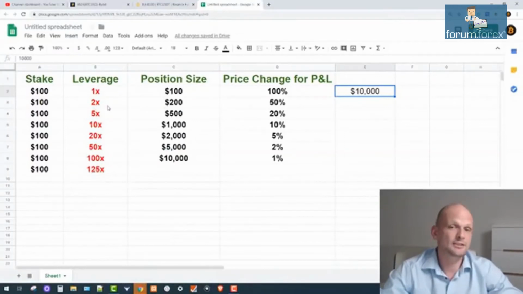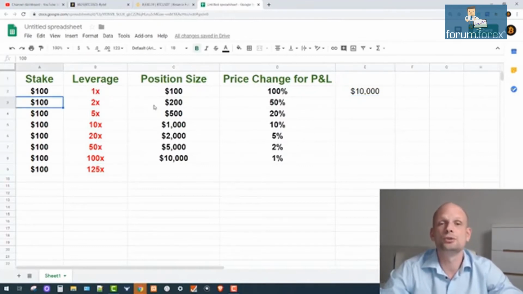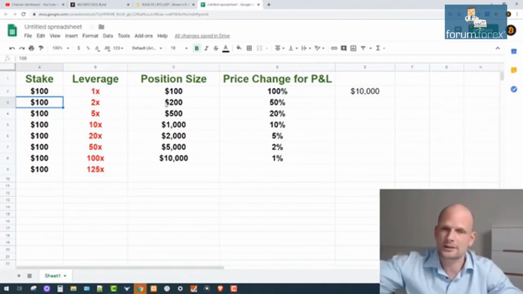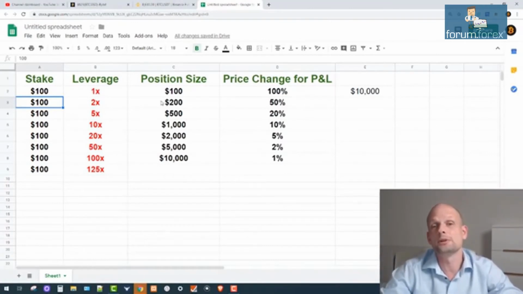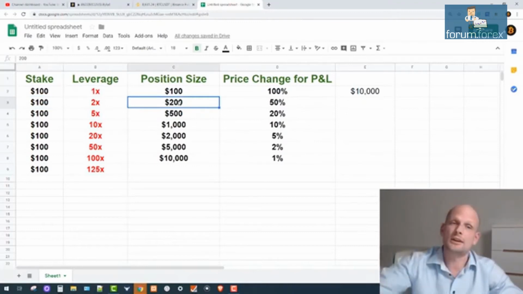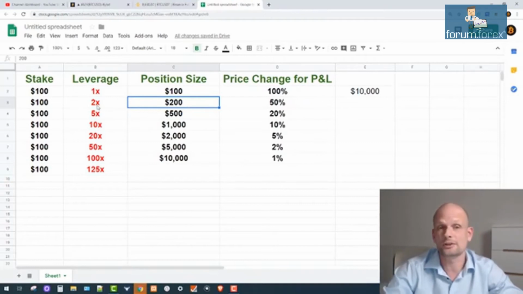2x leverage, and this is already a little bit more interesting, because if you are investing $100, you can already buy Bitcoin or any other position. If you are trading Forex markets, those could be lots, those could be micro lots and many other things, guys. You would be able to buy them for $200. So the exchange is borrowing you another additional $100 if you are trading on 2x leverage.